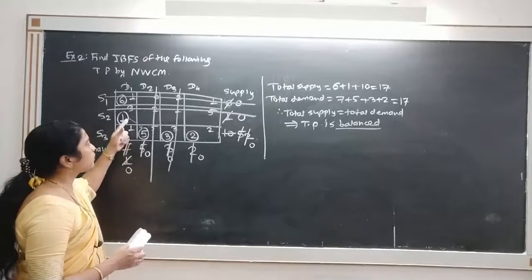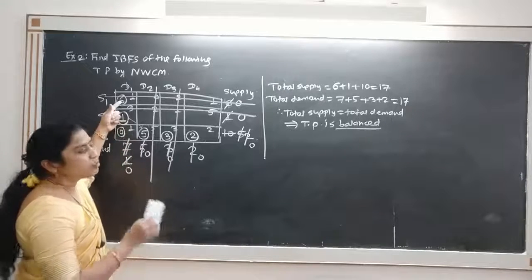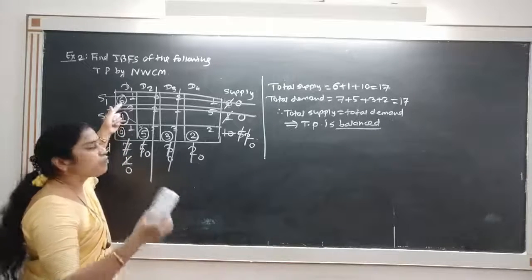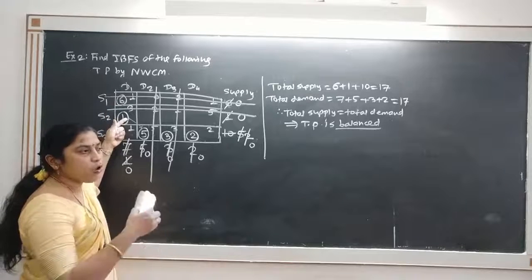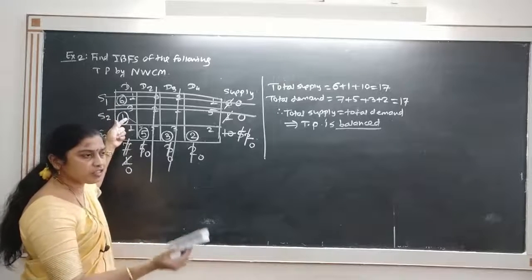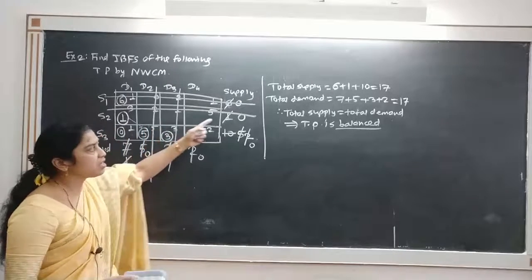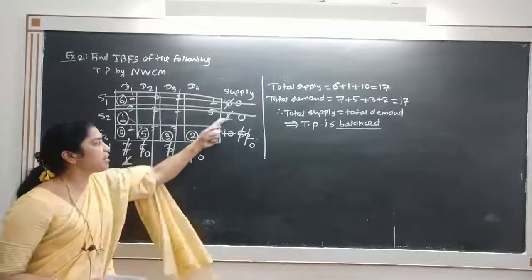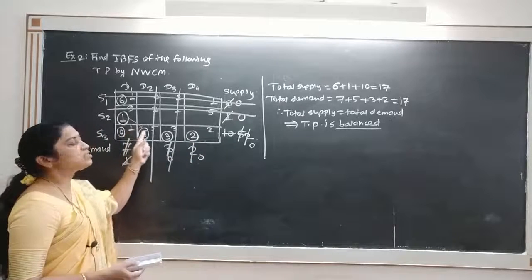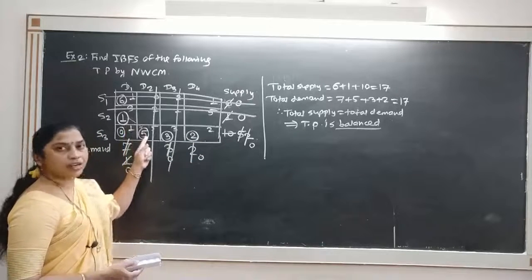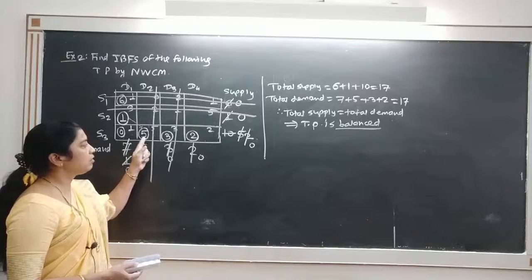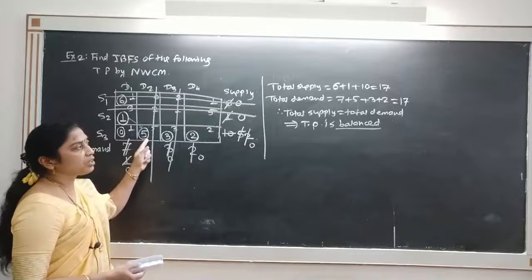In this problem, you can see that if the row is crossed, we move to the next row. If the column is crossed, we move to the next column, that is to the right. And if both are crossed simultaneously, both supply and demand get 0 simultaneously. In such cases, we have to move diagonally and we get the allocation as 5.